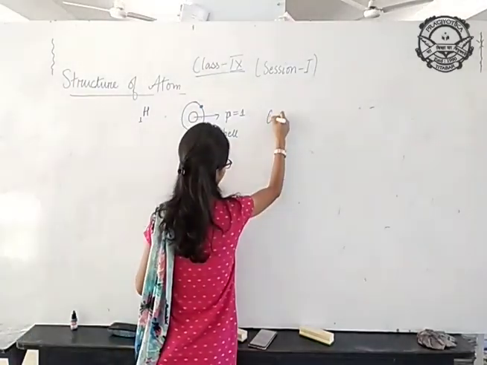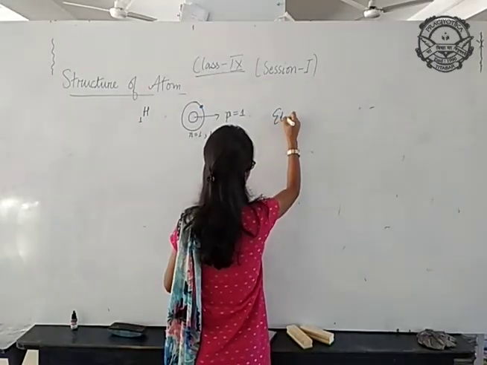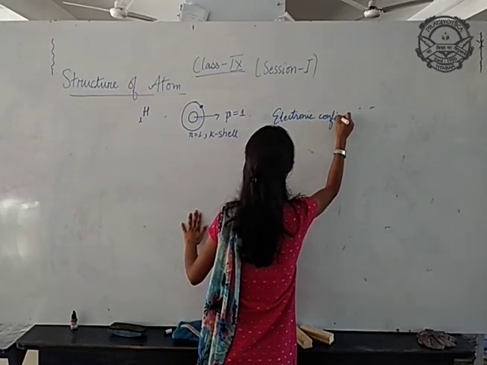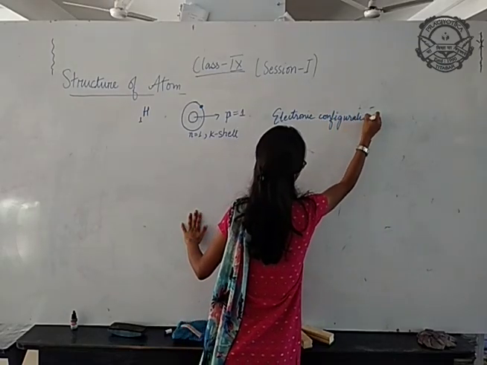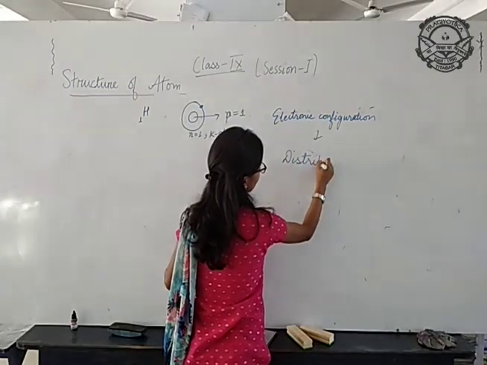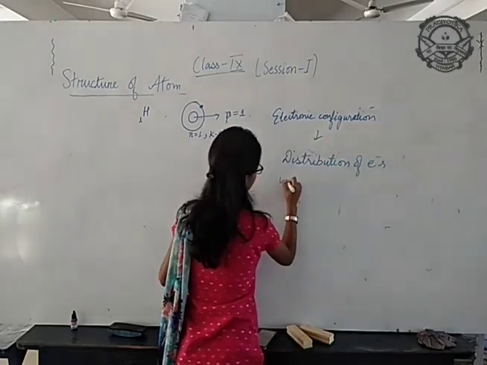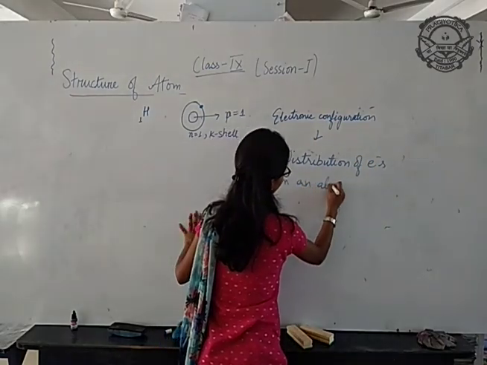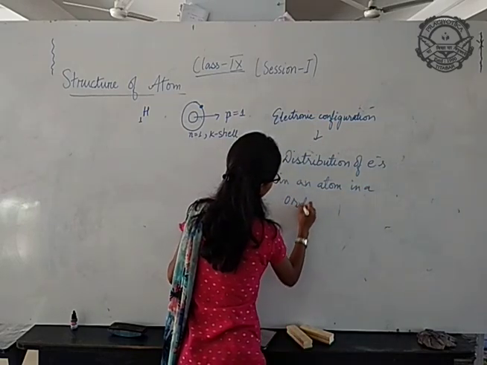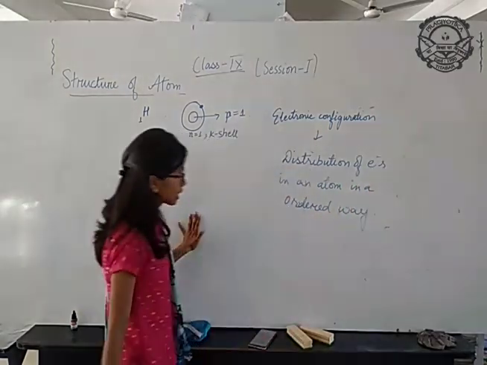You can write electronic configuration. It is nothing but the distribution of the electrons present in an atom in an ordered way or manner. This is known as electronic configuration.